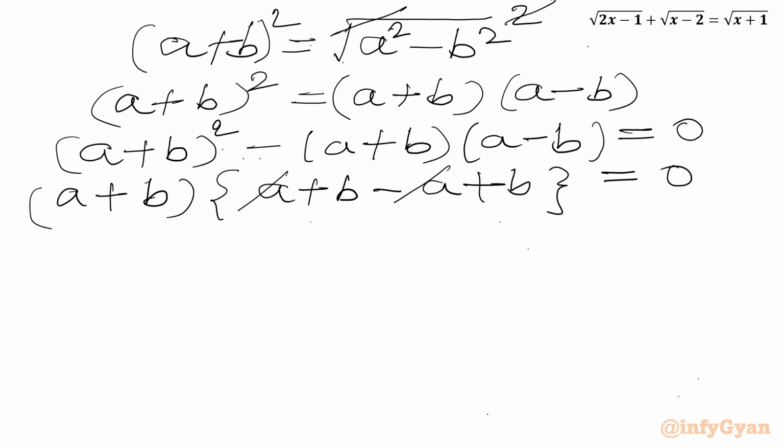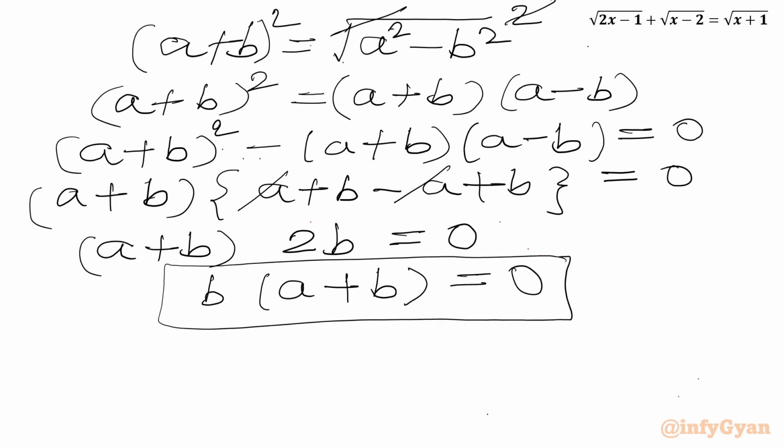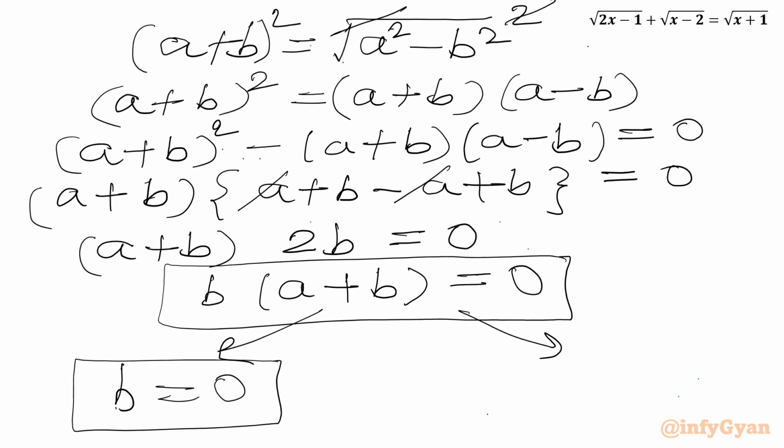Now plus a minus a will be over. So we can write a plus b times 2b equal to 0, or b times a plus b equal to 0. From here we will write two equations. First one, either b equal to 0, and second equation will be a plus b equal to 0.